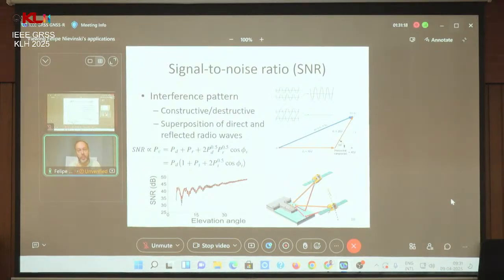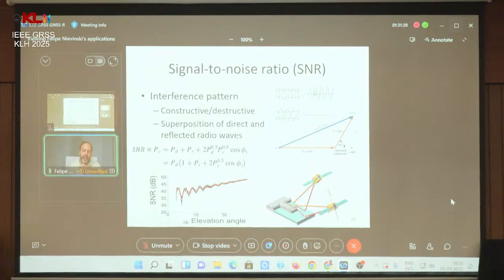Every time they are in phase, with an integer multiple of the wavelength in the reflection delay, you get a superposition between the two, and then you get constructive interference. So they reinforce each other, their peaks align.